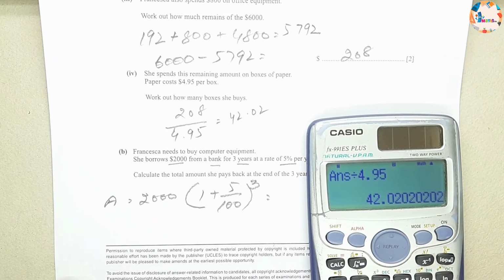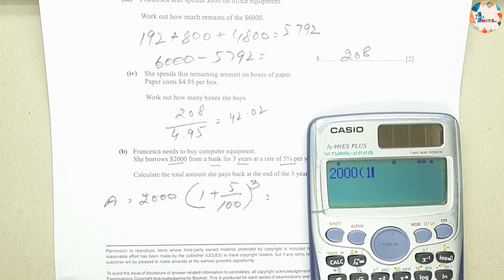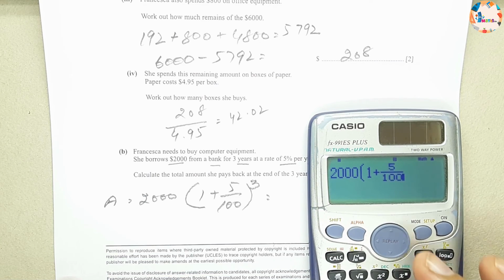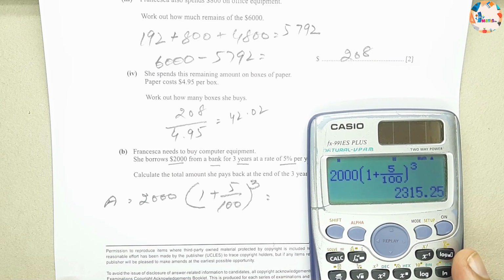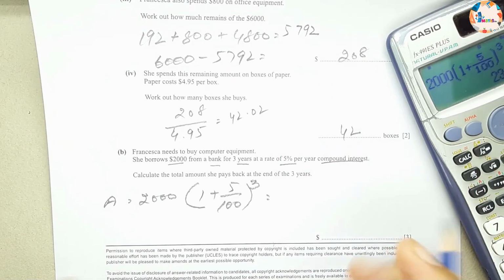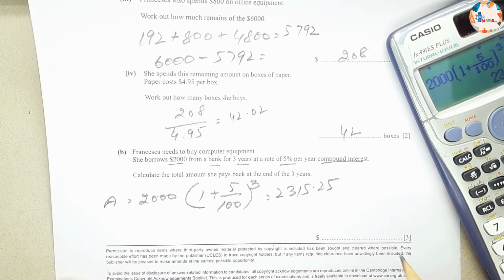We can calculate this: 2,000 into 1 plus 5 over 100 raised to the power 3. This will be equal to 2315.25, and this will be our final answer, 2315.25.